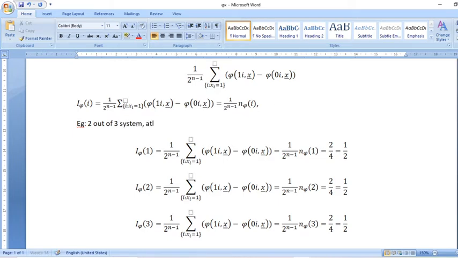That means at least 2 components should be in working state for the functioning of the system.